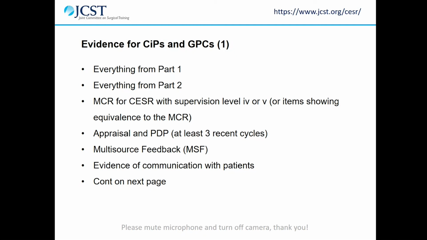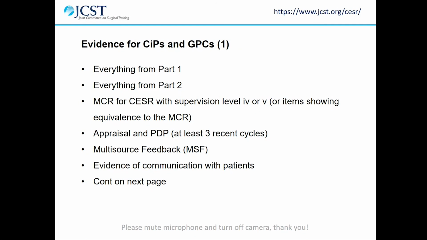That's the 6-month summative final MCR completed prospectively. Or if you're not going to be able to provide aspects of the MCR, then the items that you put together in your portfolio as equivalent to the MCR.